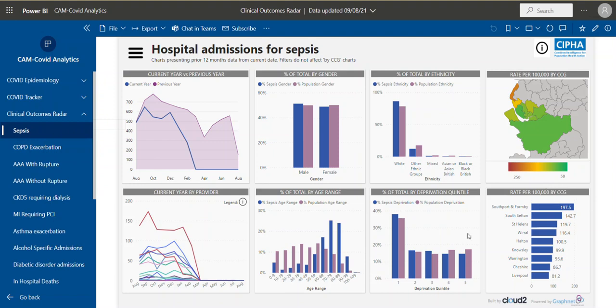In the first version of the Clinical Outcomes Radar, there are a number of different indicators available, such as sepsis, hospital admissions for sepsis, hospital admissions for COPD exacerbations, AAAs with rupture and without rupture. These have been split because of coding differences across the region's hospitals.